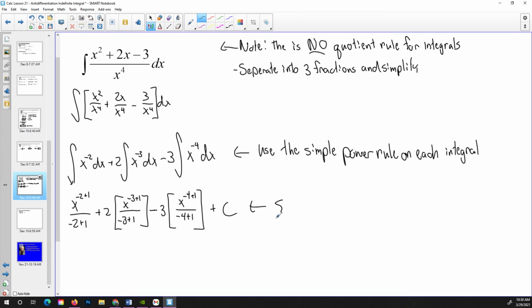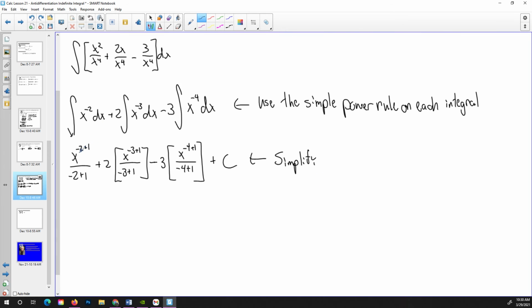So here I'm going to simplify, and we put in our equal symbols. We remember x to the negative 2 plus 1 will be negative 1, so I'll push it to the bottom and make it x with a 1 on top.